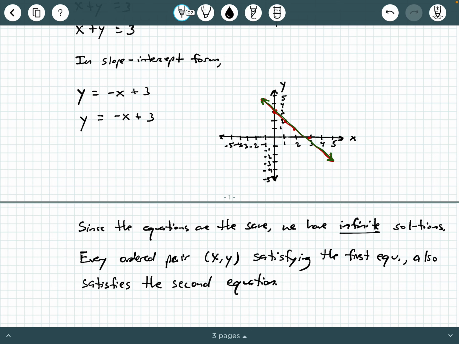So it's like these two equations are intersecting at infinite ordered pairs, at infinite points. So thus we have infinite solutions, and because we have infinite solutions, the system is consistent. And that concludes this video.